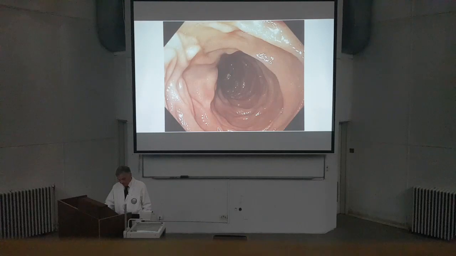Again, this is when you go by endoscope into the duodenum, you see circular folds. These circular folds are called plica circularis. They are there to increase the absorptive surface.